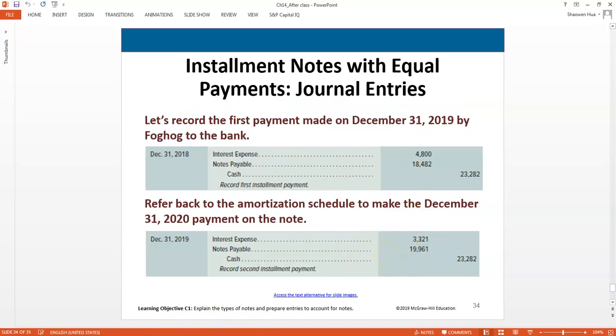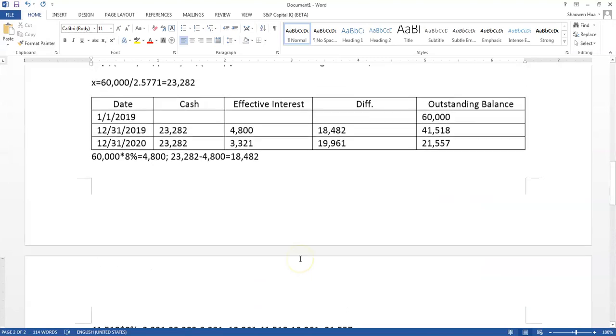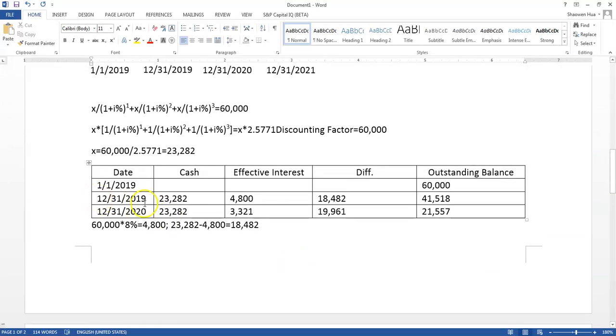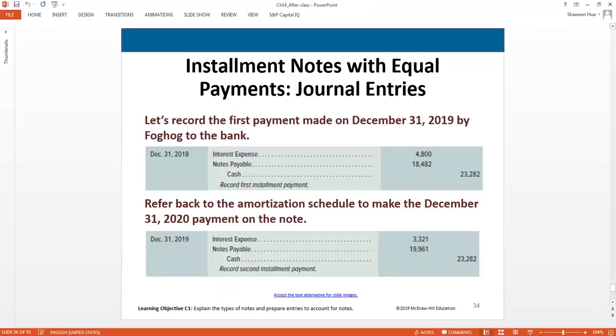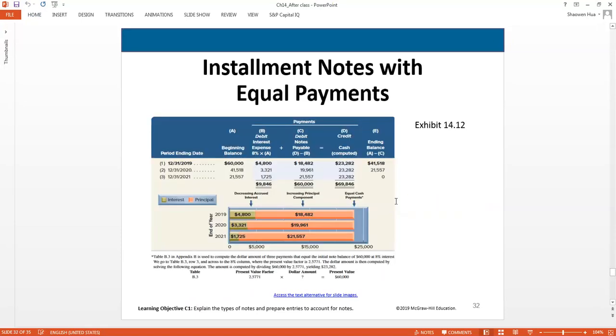And you can observe from our amortization table, as time goes by, interest will be decreasing and the principal portion will be increasing. So this applies to any kind of installment notes or mortgages.